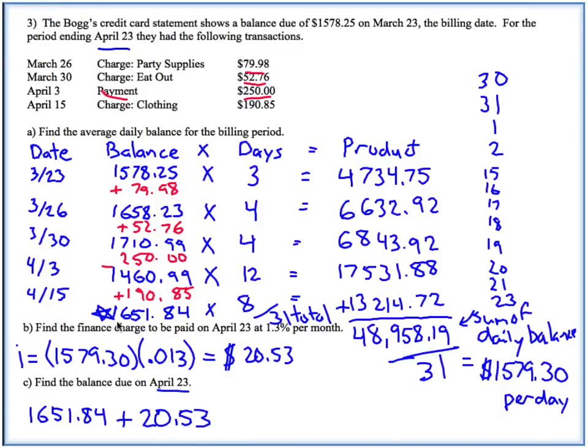So you just take the last balance here and then add in your interest, and we come up with a new balance of $1,672.37. Okay, so this is how you find the average daily balance, you find the finance charge, and then the new balance.